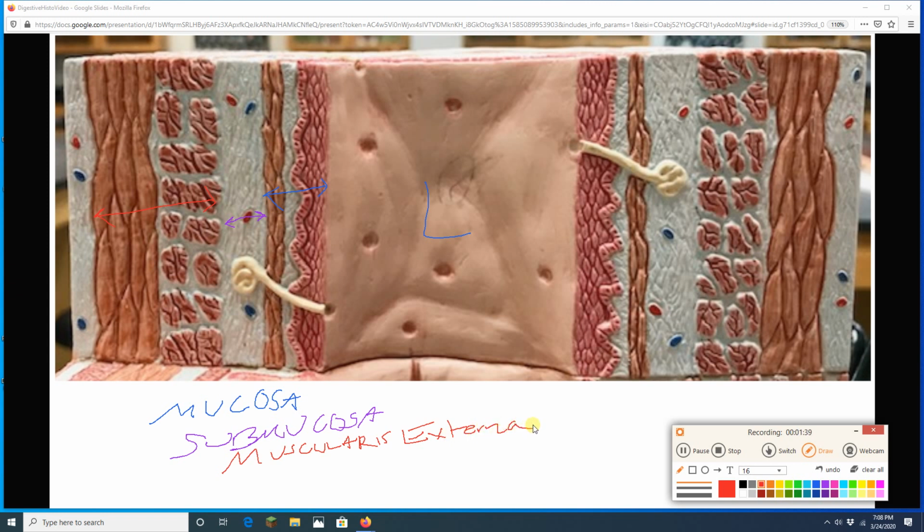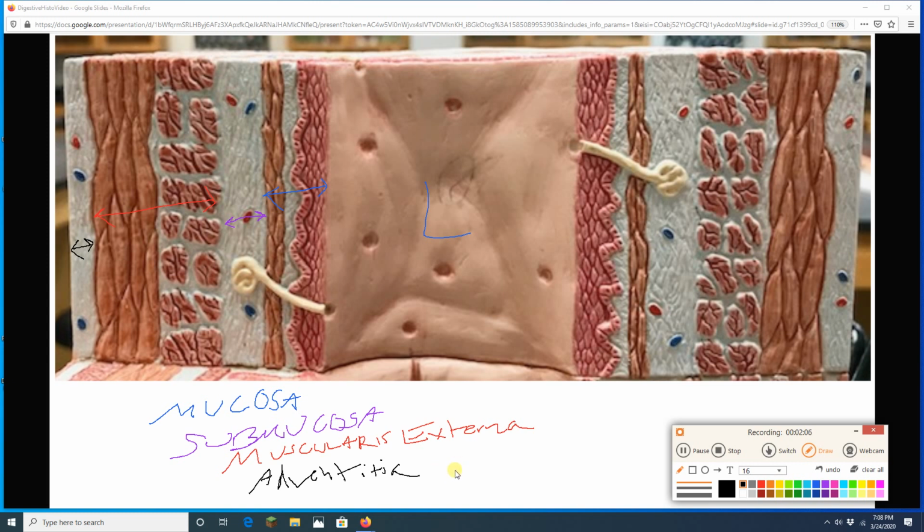And then our final layer, the last layer of them all, is right here. And this layer is called the Adventitia. So this is the basic structural setup of the esophageal wall.